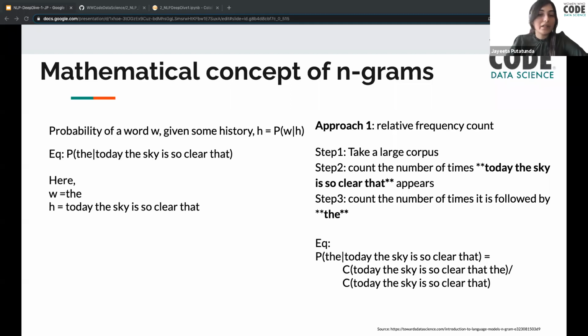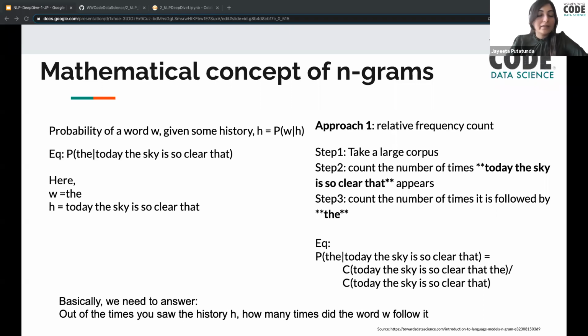So you're creating the probability: given that today the sky is so clear has occurred this many times, what's the probability that the will follow it next? What we're trying to answer with this mathematical approach is: out of the times you saw the history H, how many times did the word W follow it?